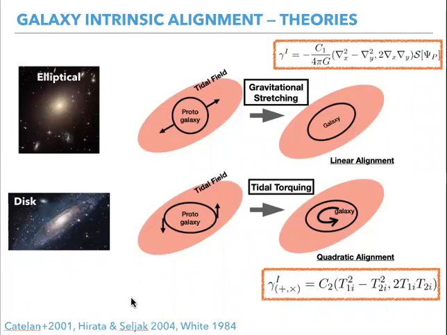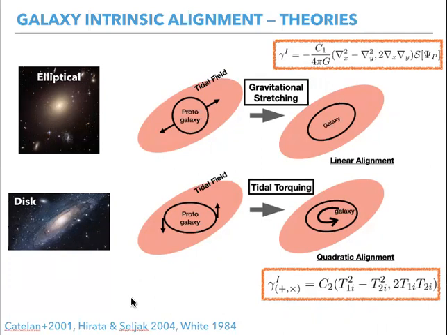So during the collapse of the elliptical galaxies, the stretching force by the tidal field will make the galaxy ellipsoidal and also align with the tidal field. Well, for these galaxies, people usually think angular momentum is the main factor that decides what we observe for the shape.